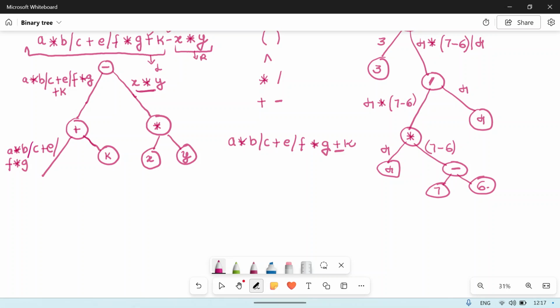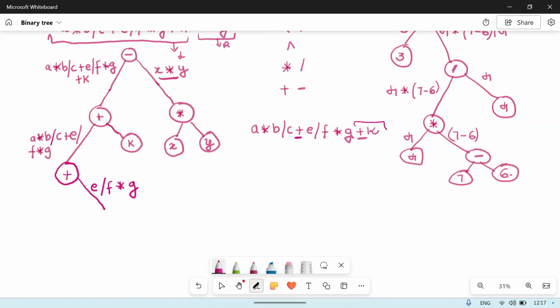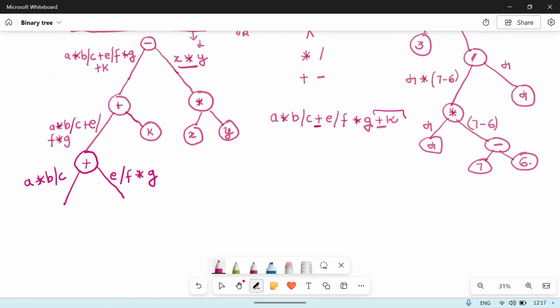Okay. Now, again, I will try to find out the next least. So again, I have this plus. Towards the right, I have E divided by F star G, and towards the left, I have A star B divided by C. Anyone is fine, I'll do this part.